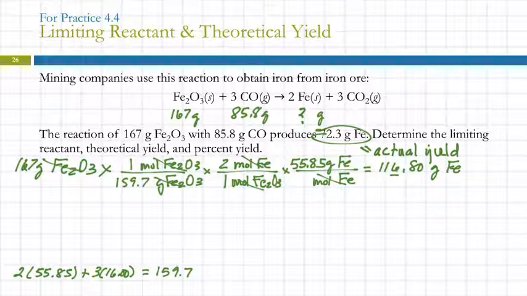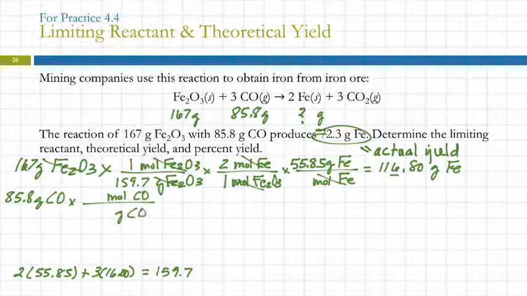So then I need to look at the other reactant. So 85.8 grams of carbon monoxide. Same type of equation here. So I'm going to go to moles of carbon monoxide dividing by grams.